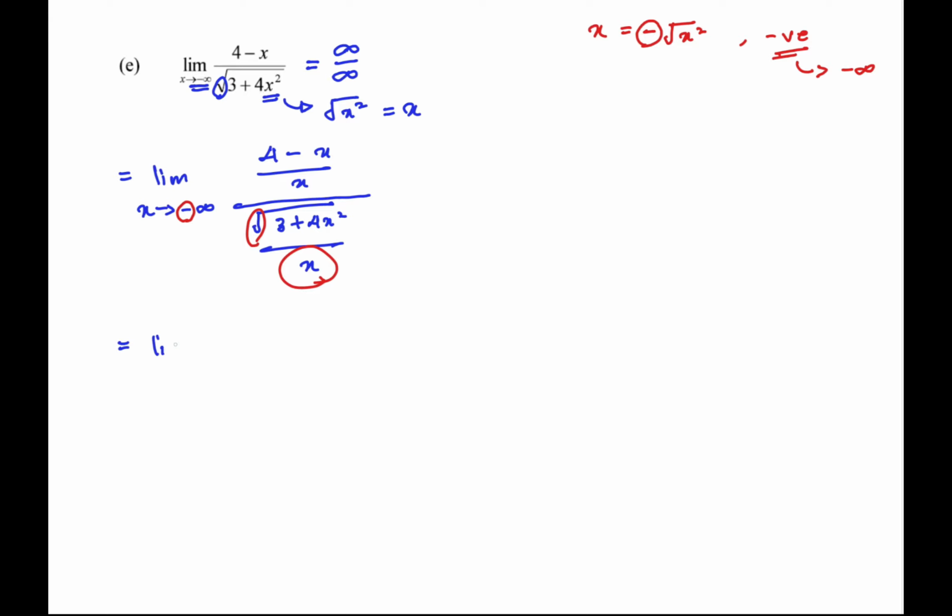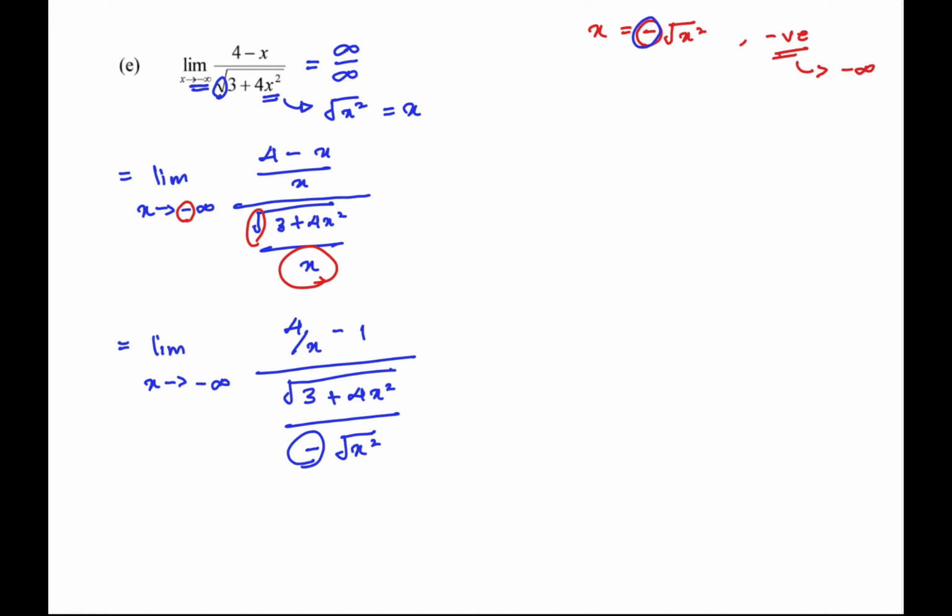We can get the limit as x approaches negative infinity of (4 over x minus 1) divided by the cube root of 3 plus 4x squared, divided by negative the square root of x squared. Why is it negative? Refer to this one.